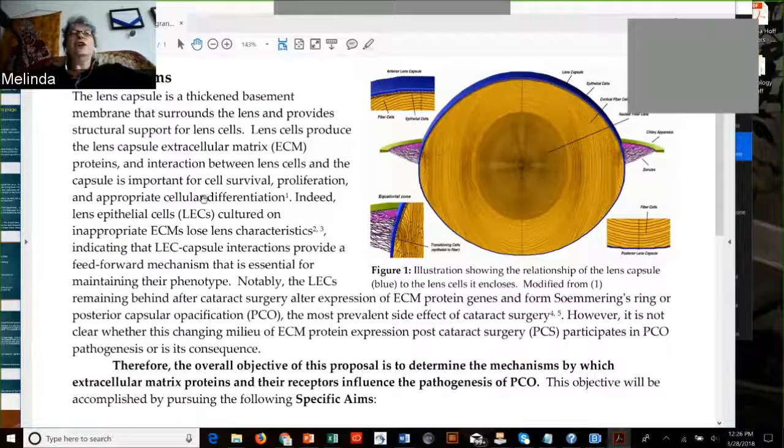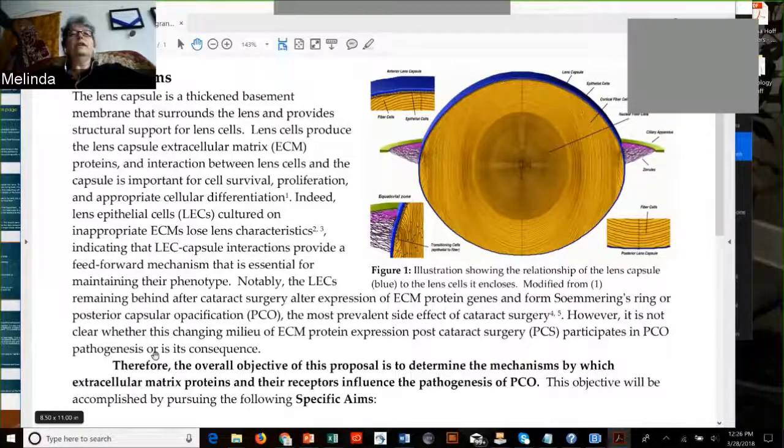And then I talk about how this behavior gets messed up in a condition that arises after somebody undergoes cataract surgery, which is called posterior capsular opacification.